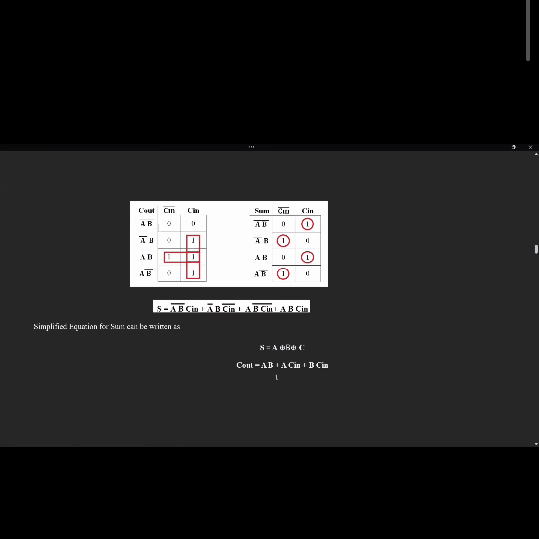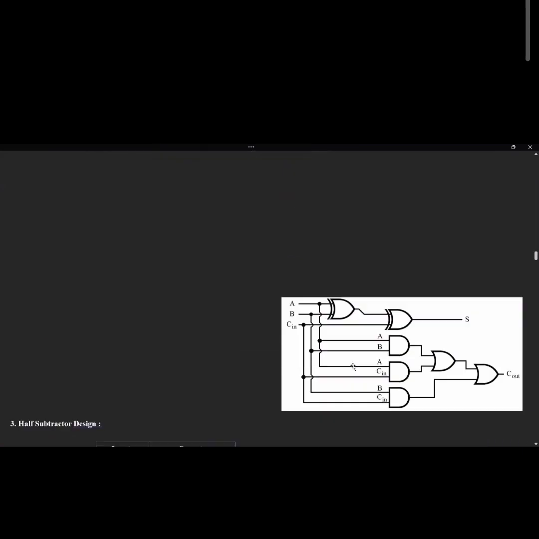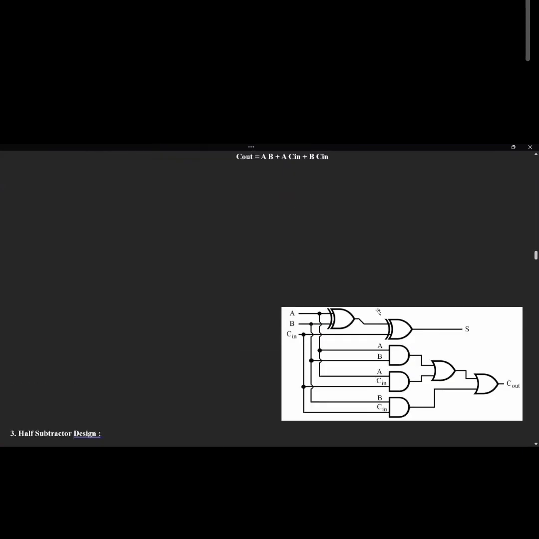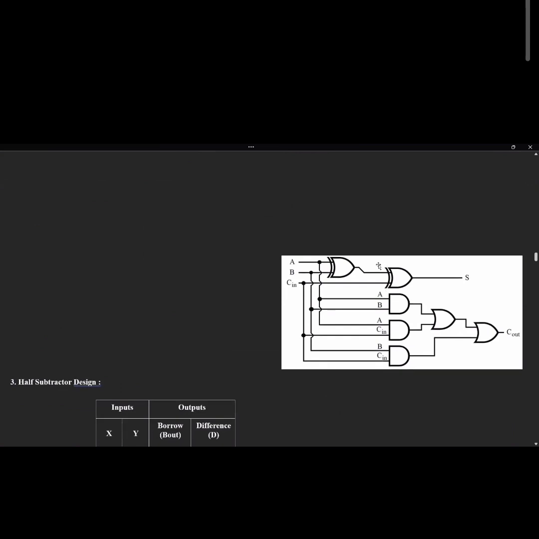So we get 3 terms here, and next we have to write the gate diagram for this. Here there are 3 inputs, therefore we have to use 2 XOR gates. 2 XOR gates we have drawn here, and next is carry out. For this expression, first is A B, one AND gate.